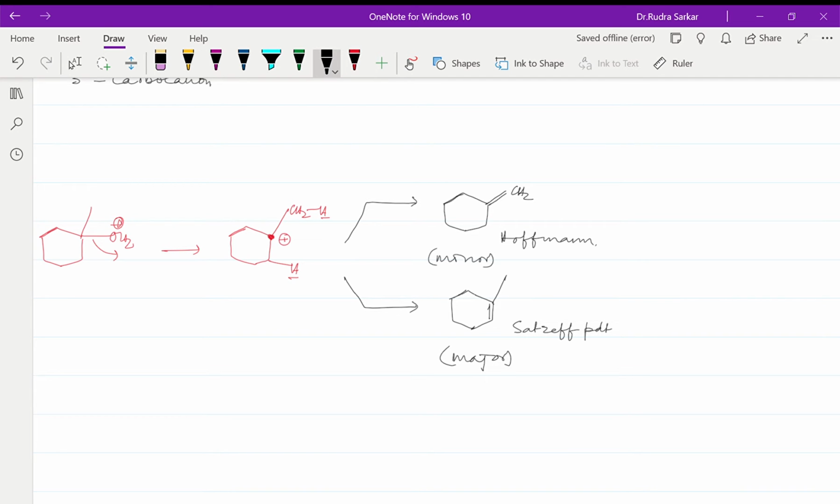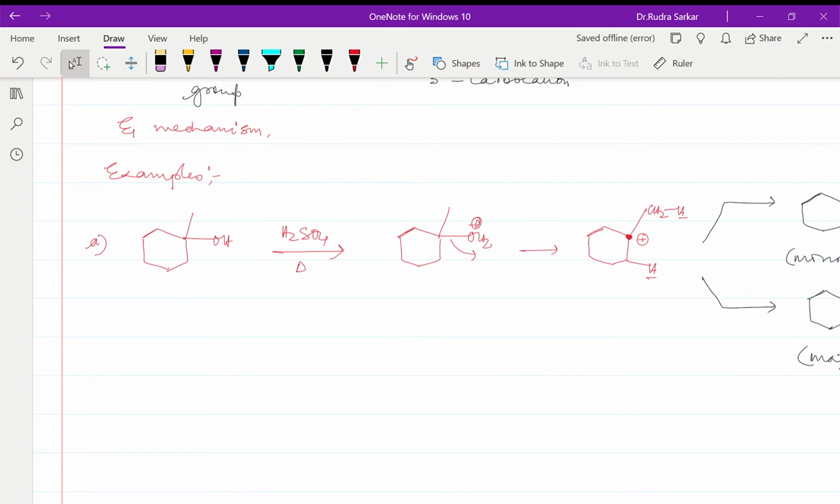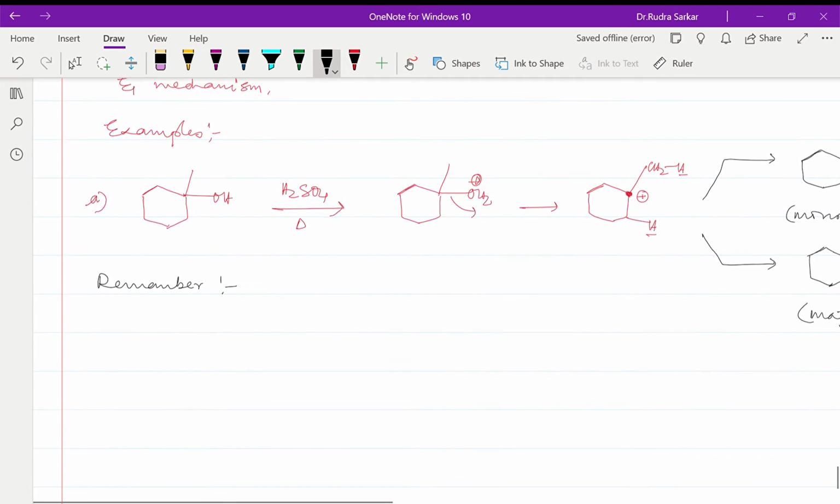Okay. Some quick points about dehydration. Remember, the rate determining step is the carbocation formation. That means a 3-degree carbocation is formed faster than 2-degree, then 1-degree carbocation.